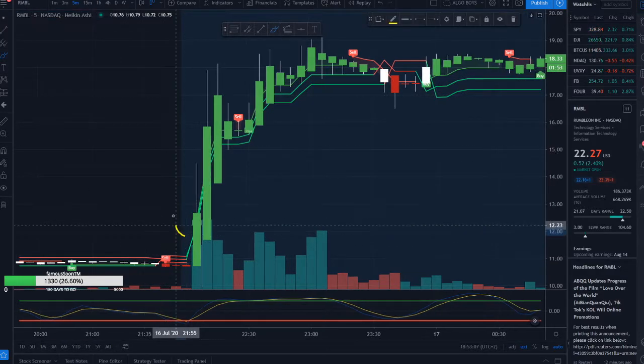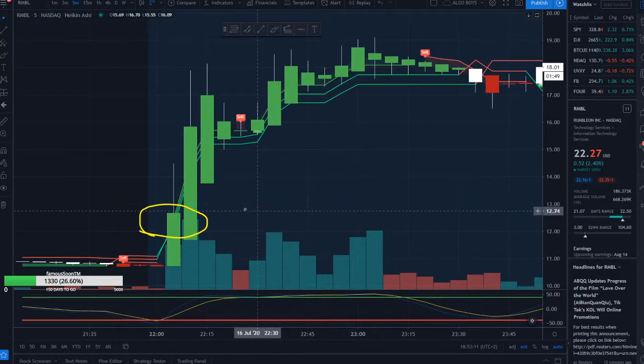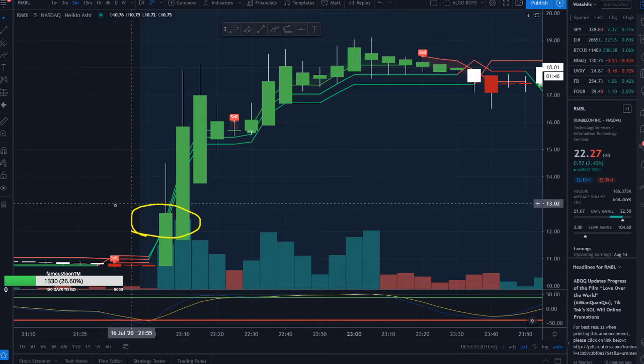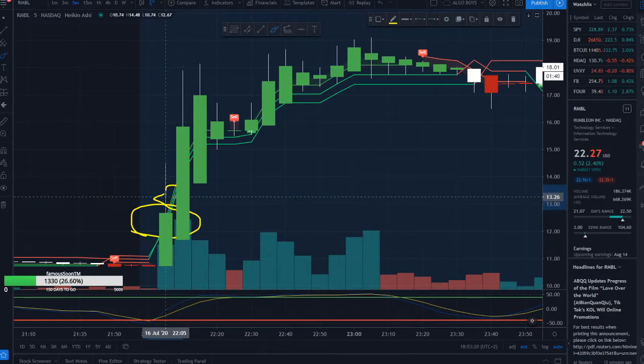So this, once again, would be the aggressive entry, right here. But also if we look closer and zoom in, we can see that all the lines actually cross over each other slightly thereafter. So that confirms that this is a good entry.